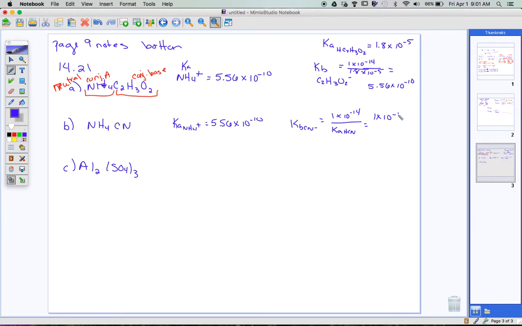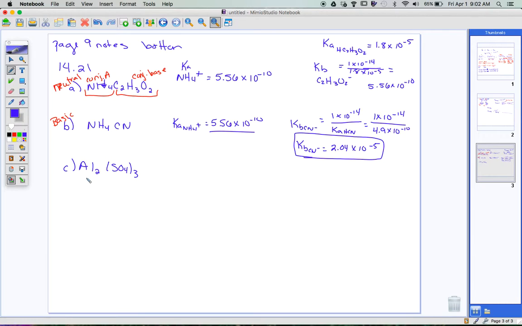I think I have this one: 4.9 times 10 to the minus 10th. So the Kb of CN minus will be 2.04 times 10 to the minus 5th. This one is significantly bigger, so this will be basic.